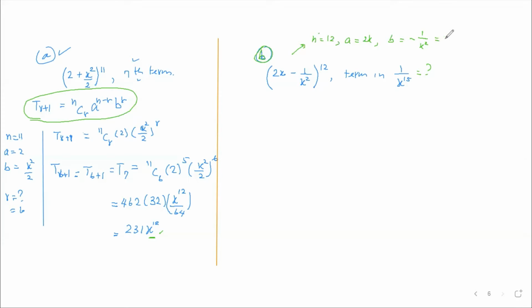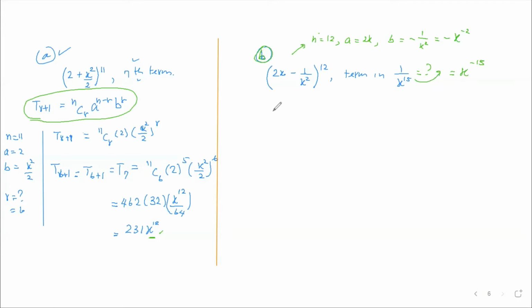Or you can say this one equal to negative x power negative 2, correct? We can write in this way. And at the same time, this one can be rewritten as x power negative 15, right? Try to move the index so it is not in fraction form.